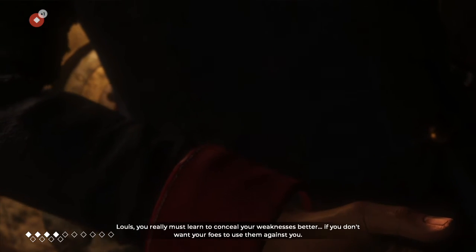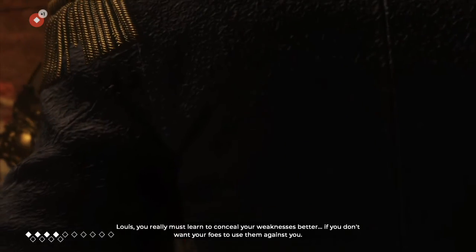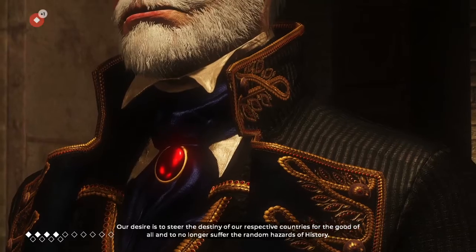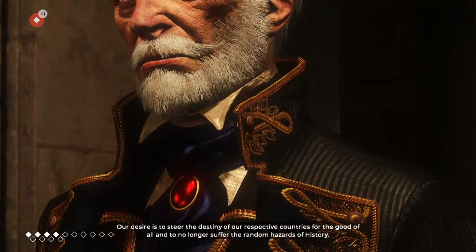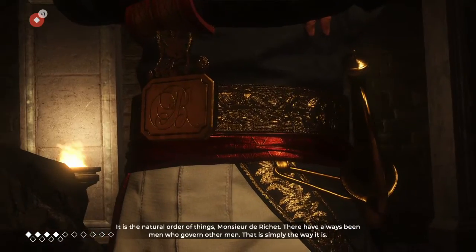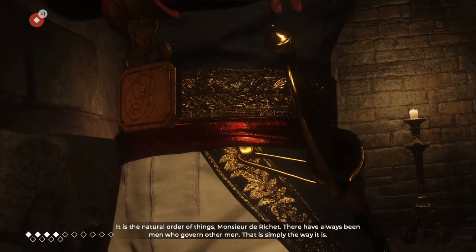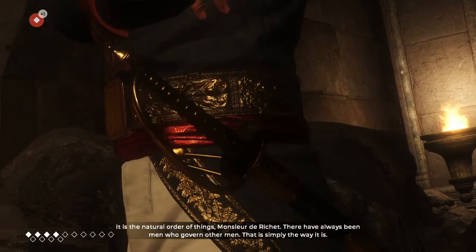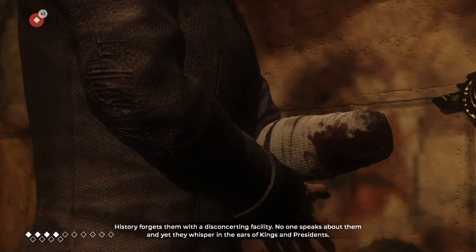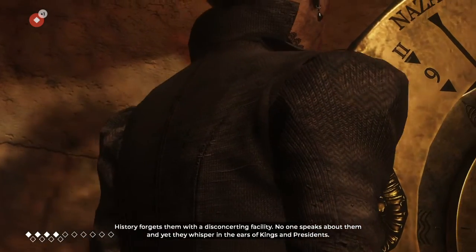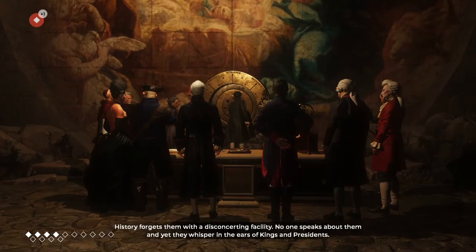Louis, you really must learn to conceal your weaknesses better, if you don't want your foes to use them against you. Our desire is to steer the destiny of our respective countries for the good of all. No longer suffer the random hazards of history. It is the natural order of things, Monsieur de Richet. There have always been men who govern other men. That is simply the way it is. History forgets them with a disconcerting facility. No one speaks about them, and yet they whisper in the ears of kings and presidents.